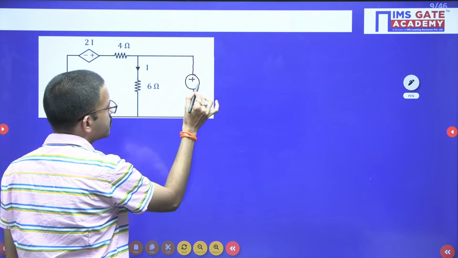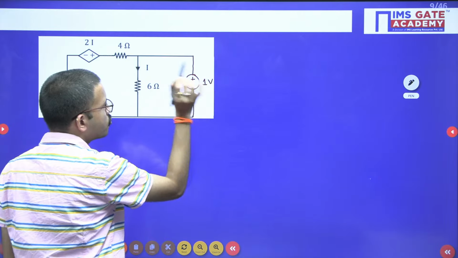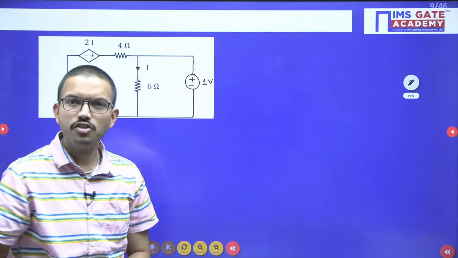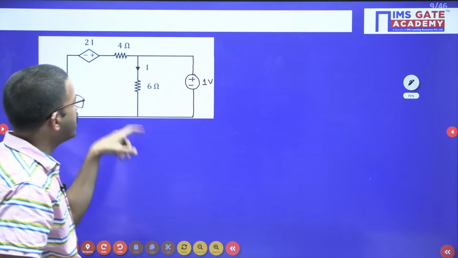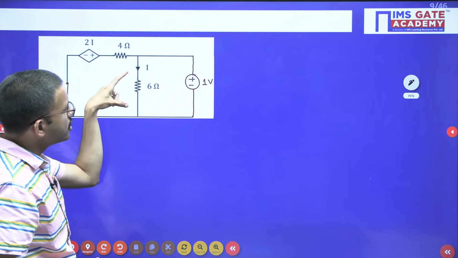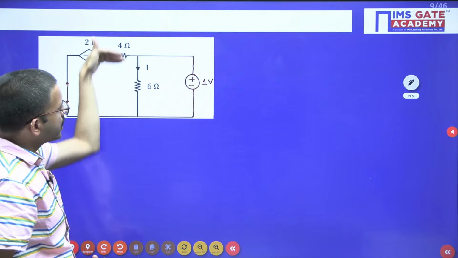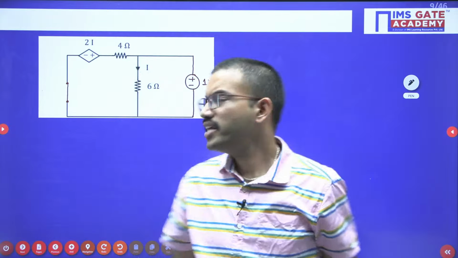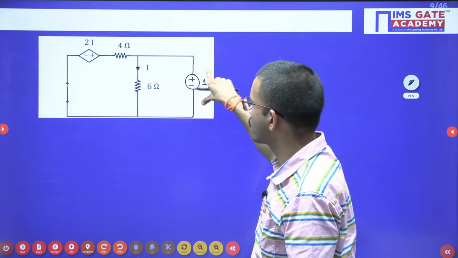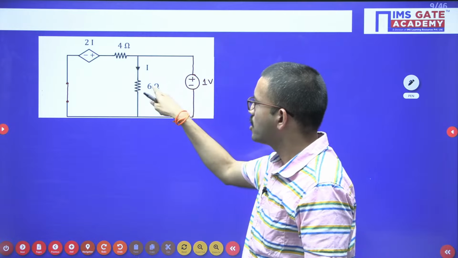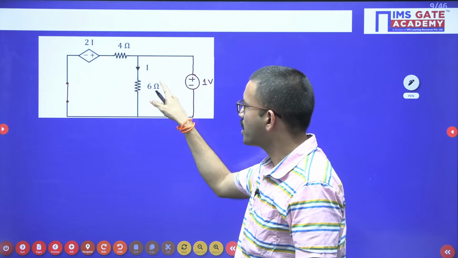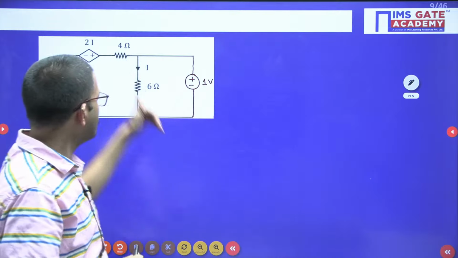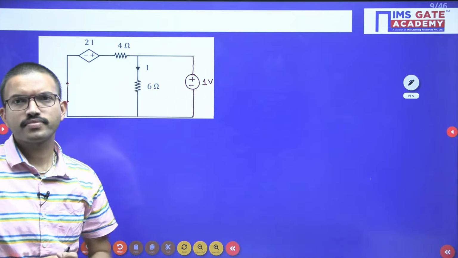Now suppose I have connected a voltage source with the value 1 volt. In this case, can you tell the voltage across this 6 ohm resistor, or at least the current flowing through it, with the help of this 1 volt source?